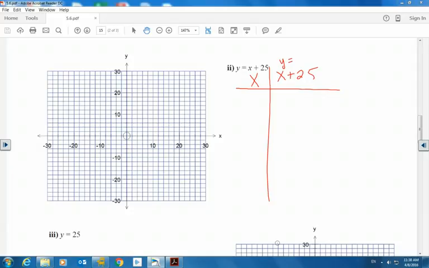Let's say I pick x equals negative 20. What is y? When I substitute it in there, I get 5. How about when x is equal to negative 10? What is y? 15. How about when x is equal to negative 5?